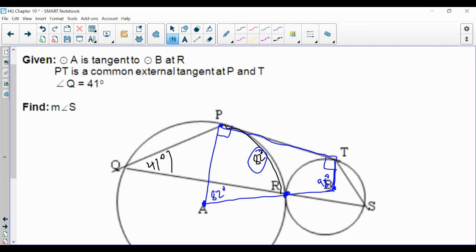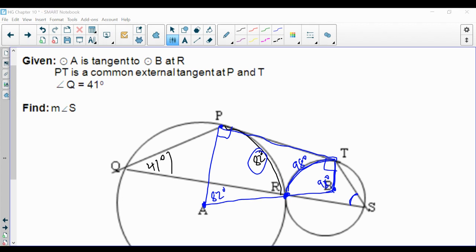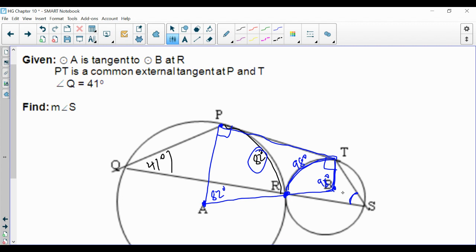So angle B is 98. And now we use that same idea we did before, where we know what this arc is. This arc is also 98 degrees, which then means this inscribed angle is half of that. And we get our answer of 49 degrees.